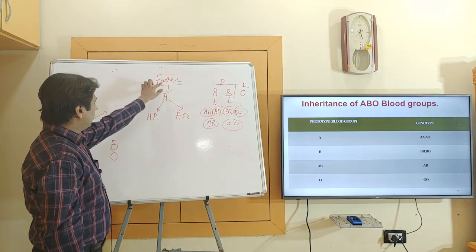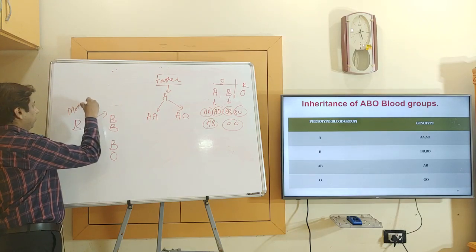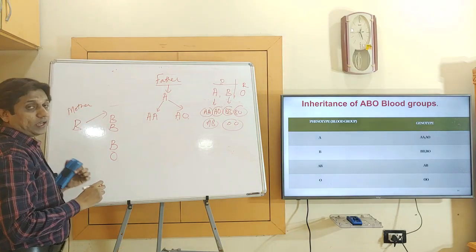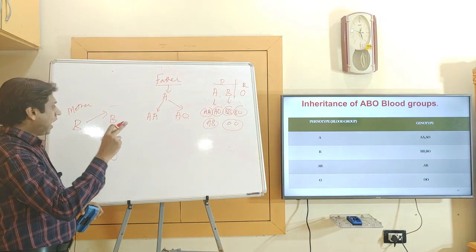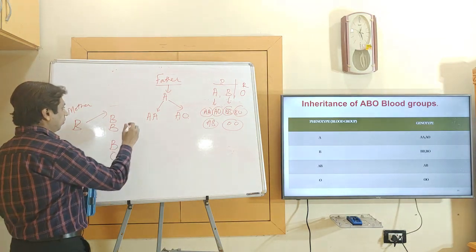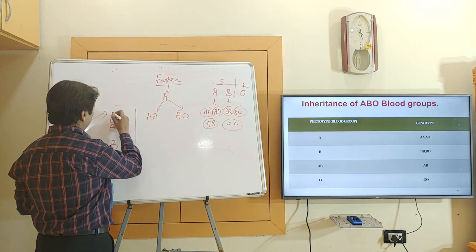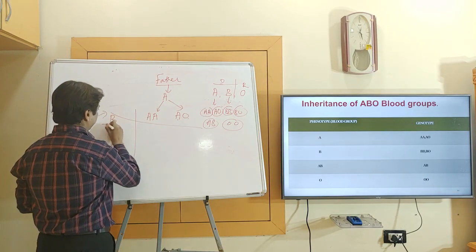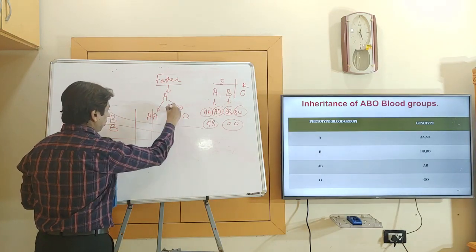Suppose the father has blood group A and the mother has blood group B. Now what are the possibilities for the offspring's blood group? In a Mendelian inheritance, we'll draw one rough chart to know the possibilities.